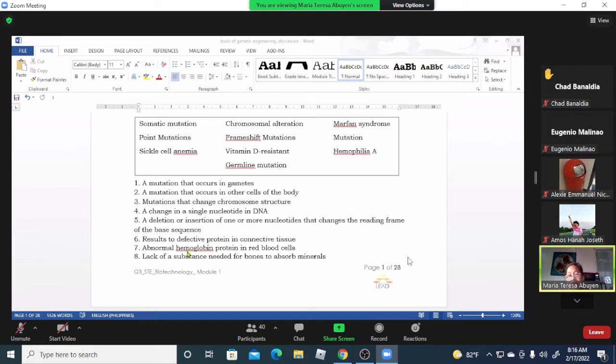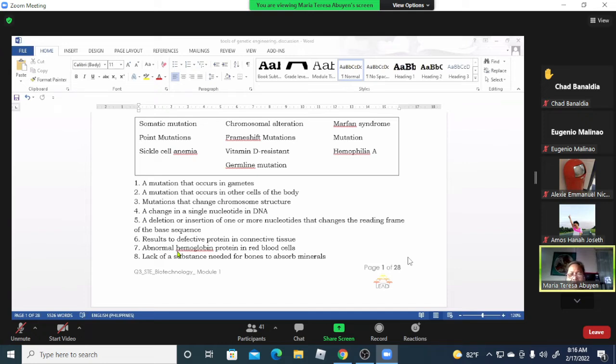So when a newborn child is diagnosed with sickle cell anemia, it simply means that there is a missing nucleotide in the DNA of the cell.